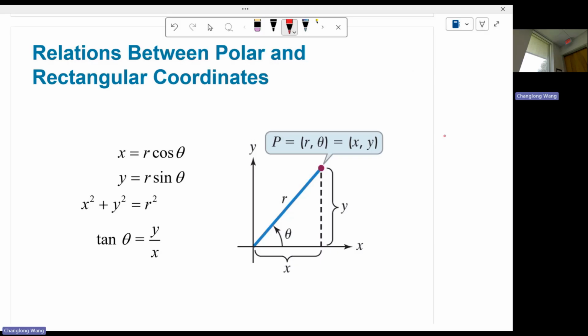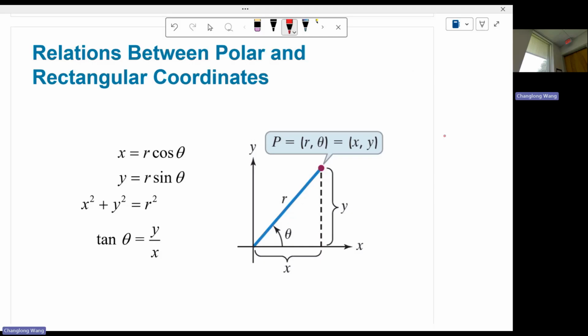So it would be nice that we can always convert from the polar coordinates that you just don't like back to the rectangular coordinate system. We can actually go back and forth, just like always going back and forth between radians and degrees. So we have the first two equations that tell us how you can go from polar data, which are given, back to x and y.